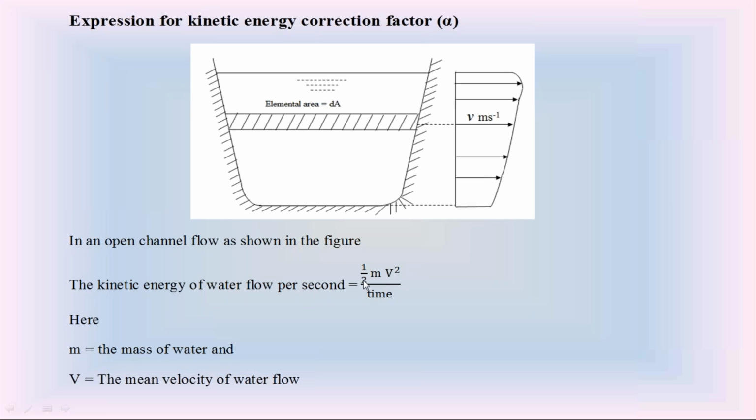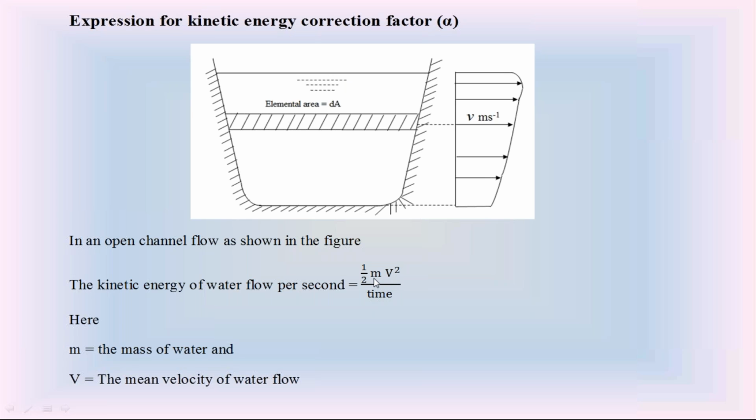Please everyone follow this. The kinetic energy of a moving body is equal to half m v square. In this discussion, water is in moving condition, so here m indicates the mass of water. So the kinetic energy of moving water in the open channel flow is half m v square.